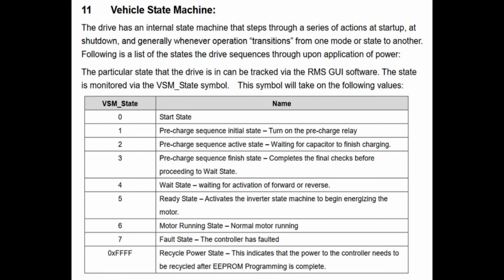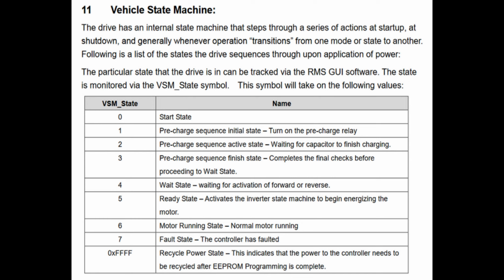But once you're in state 0, it's going to immediately go to state 1, the pre-charge sequence initial state, which will turn on the pre-charge relay pin, which ideally will power a relay, turning on a path that has a resistor in the way so that, instead of activating all that power at once to the motor controller, it can do it more gradually, as you'll have a current limiting resistor. That goes into state 2, waiting for the capacitors to finish charging, hence the resistor.